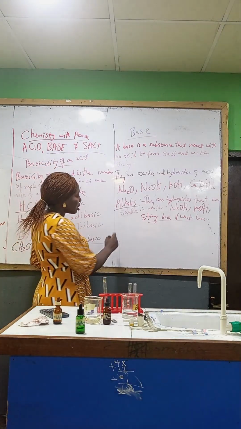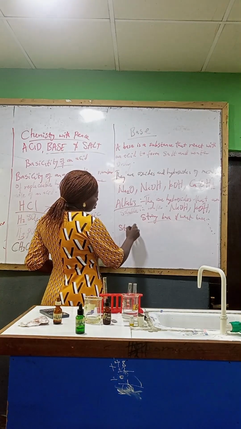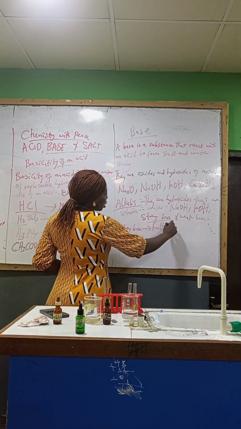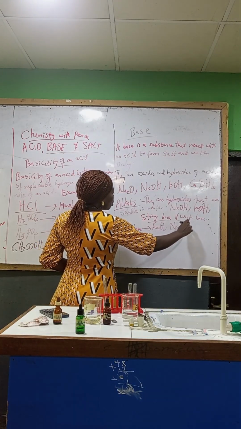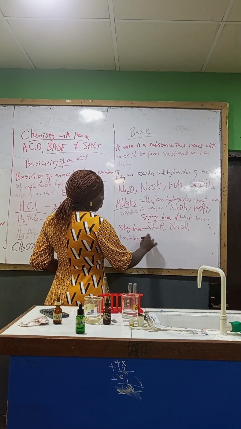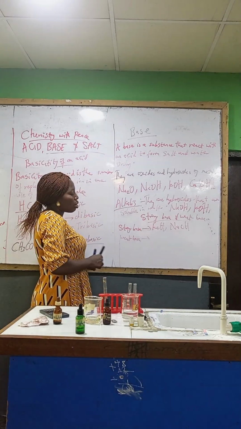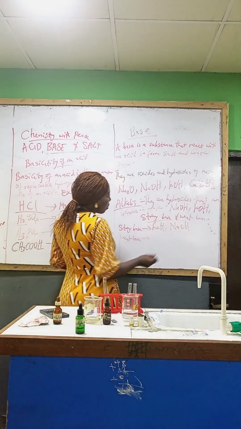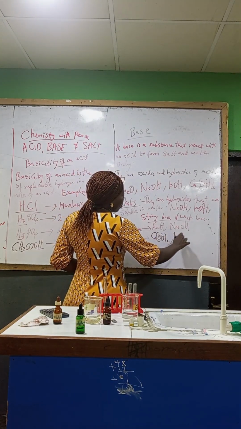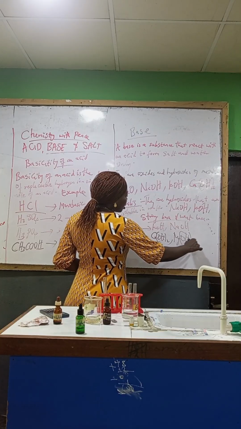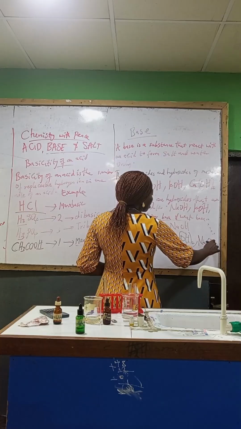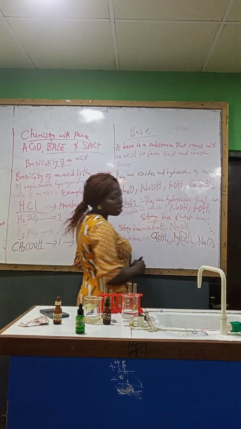Under strong base, we have potassium hydroxide and sodium hydroxide. But under weak base, we have calcium hydroxide, magnesium hydroxide, sodium carbonate, etc.